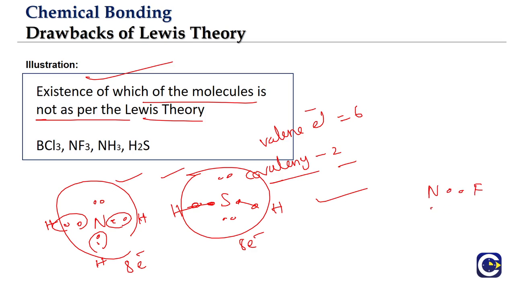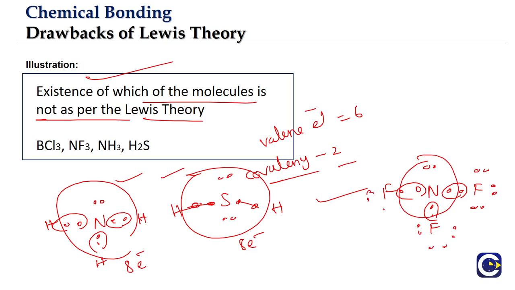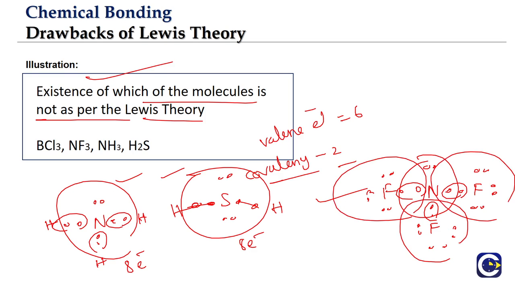Nitrogen forms one bond with each of the fluorines, and 2 of its own electrons remain, thereby nitrogen reaches the octet. Not only that, each of the fluorines, after forming one bond, also reaches the octet. So this molecule satisfies the theory. This is also possible.